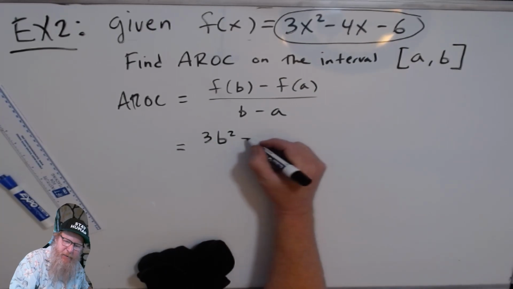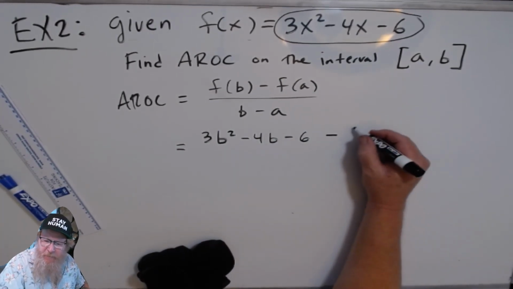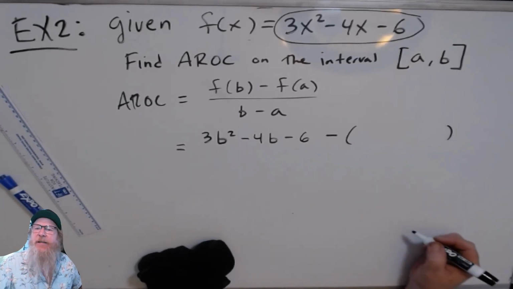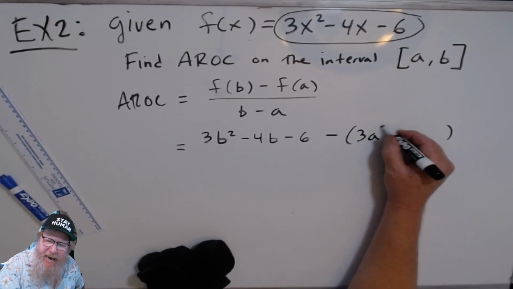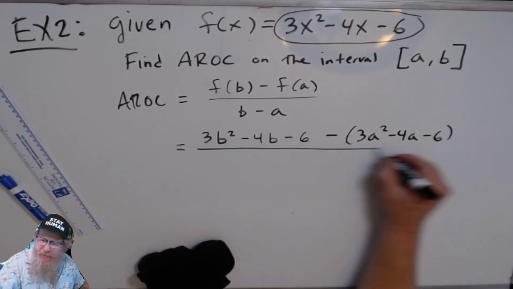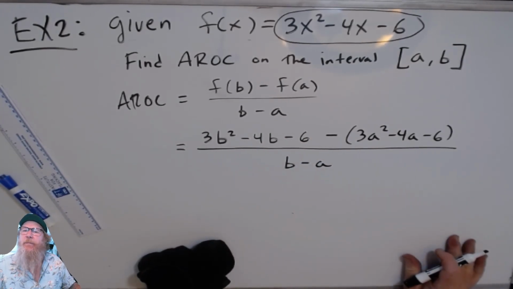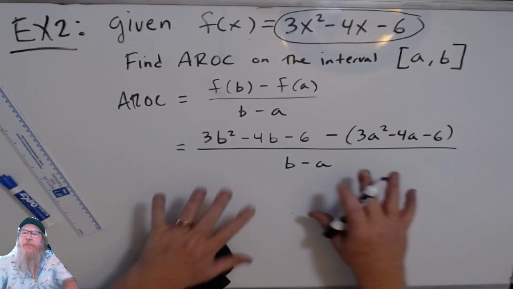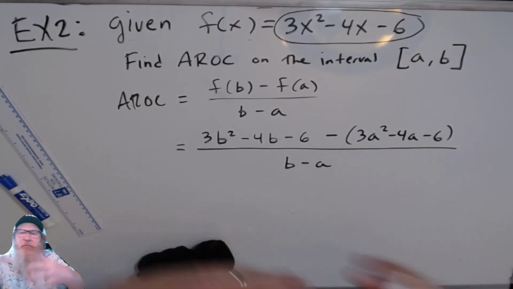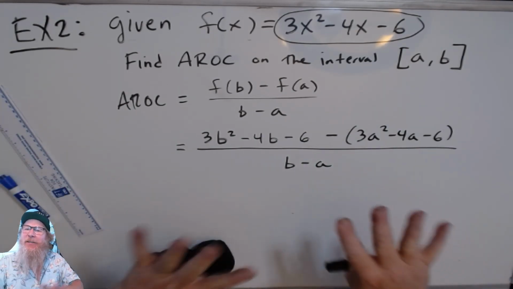3b squared minus 4b minus 6 minus, I like to have an extra set of parentheses, 3a squared minus 4a minus 6, all over b minus a. Now this basically represents one of those fractions we just had in the graph, but it's a little bit cleaner.